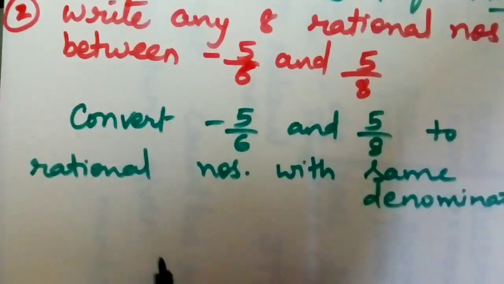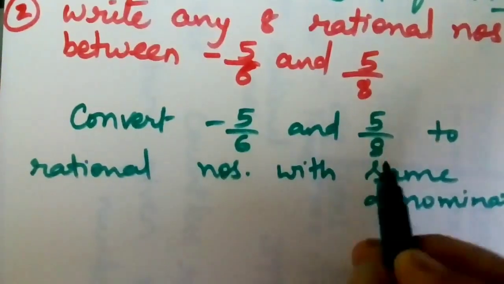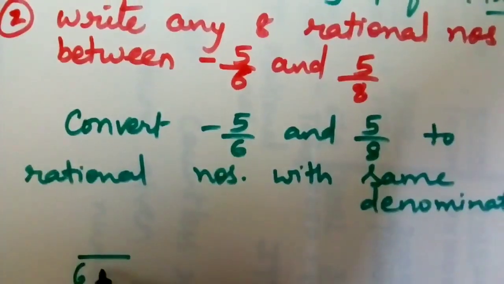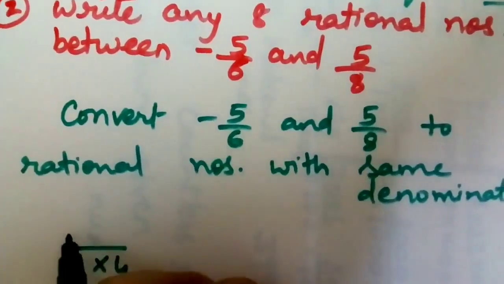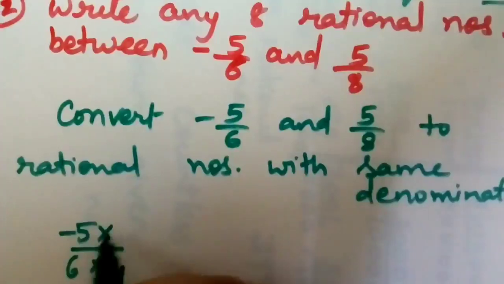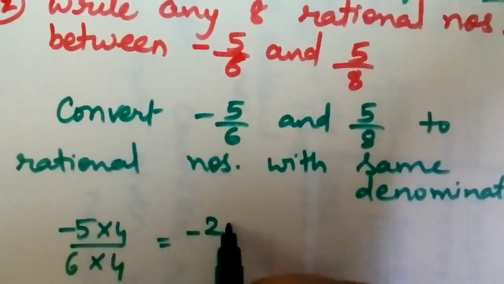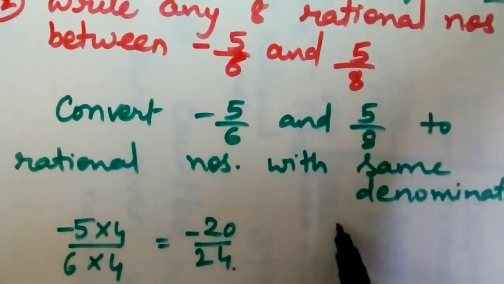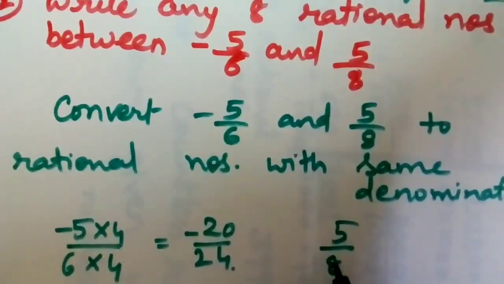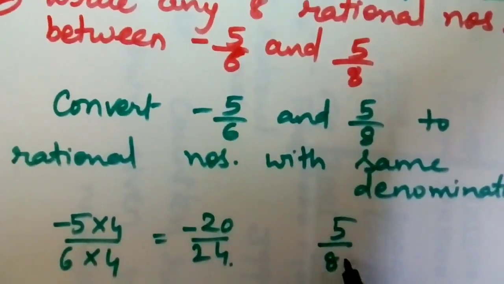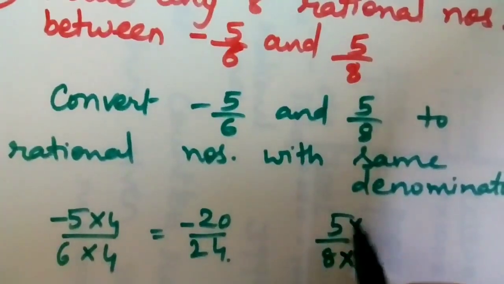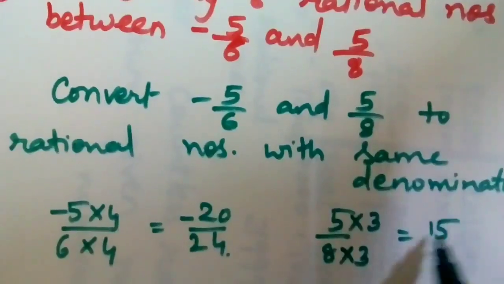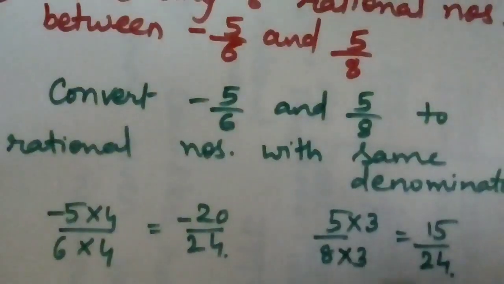So let us see, we want the same denominator in both the rational numbers. So we will multiply by 4, 6 4s are 24, and the numerator also 5 4s are 20. It will be -20 upon 24. Here 5 upon 8, to get 24 we have to multiply 8 by 3. So 5 also will be multiplied by 3. So 5 3s are 15 upon 24.